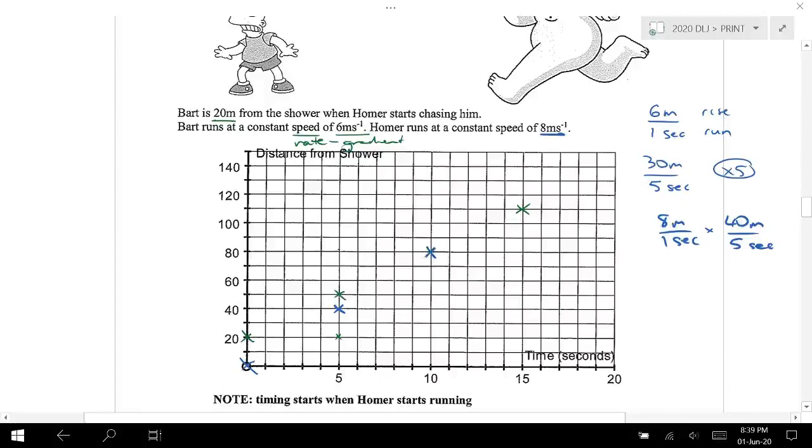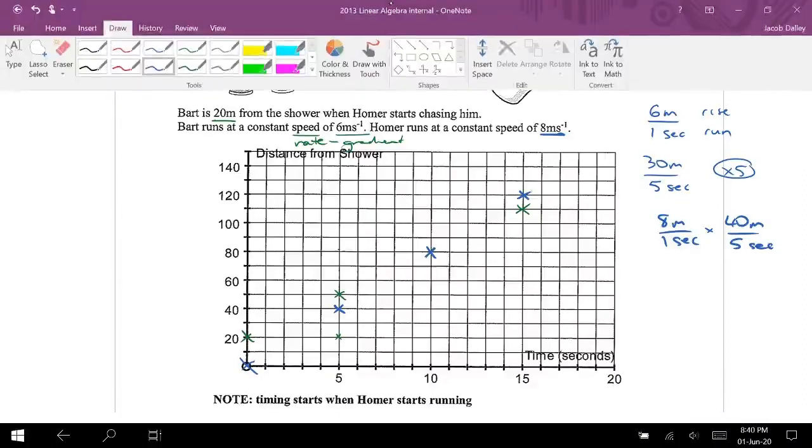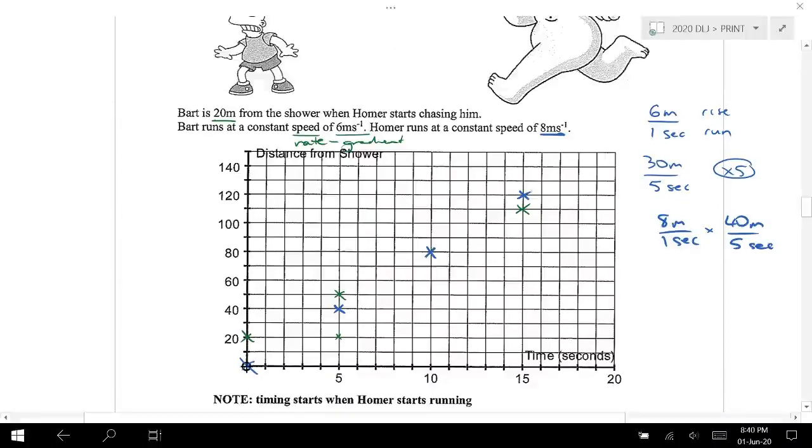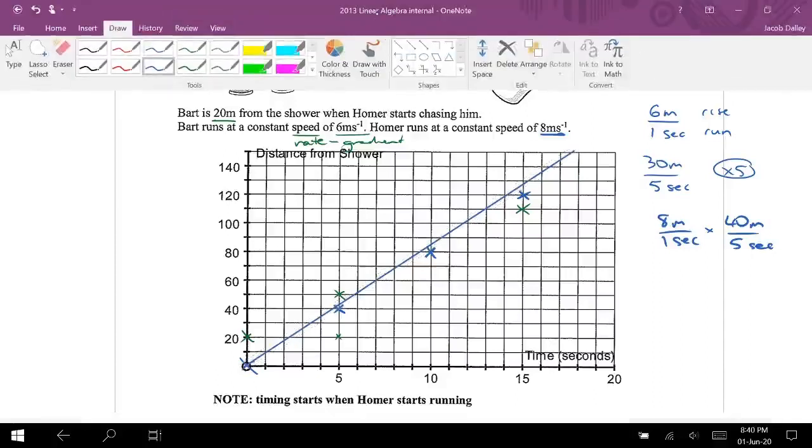So Homer and Bart intersect at that point, 10 seconds in. And then after that, Homer's probably caught him, so it doesn't matter, but it would carry on up like that. I'll just connect some points through. Not great. Maybe I'll forget about that for now. You get the idea.